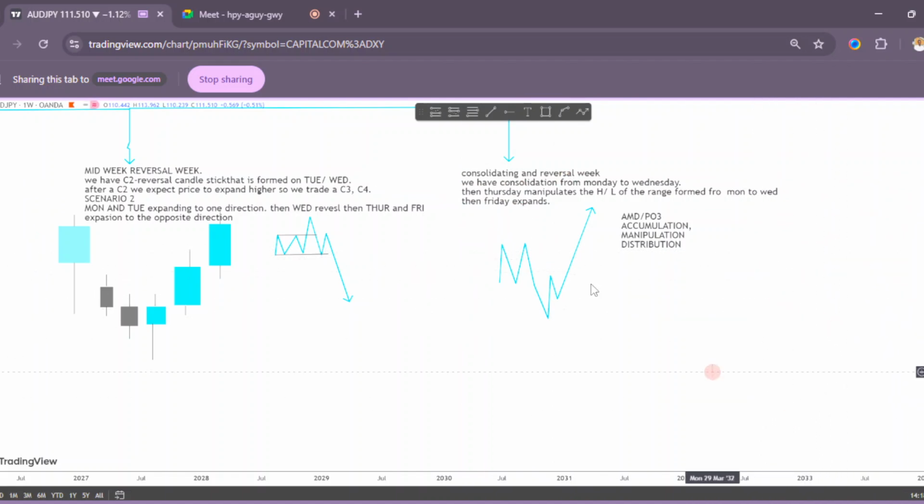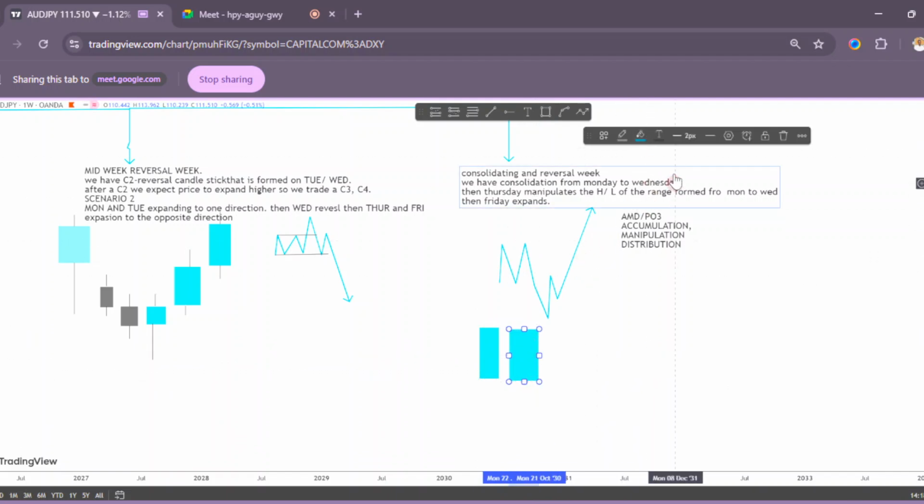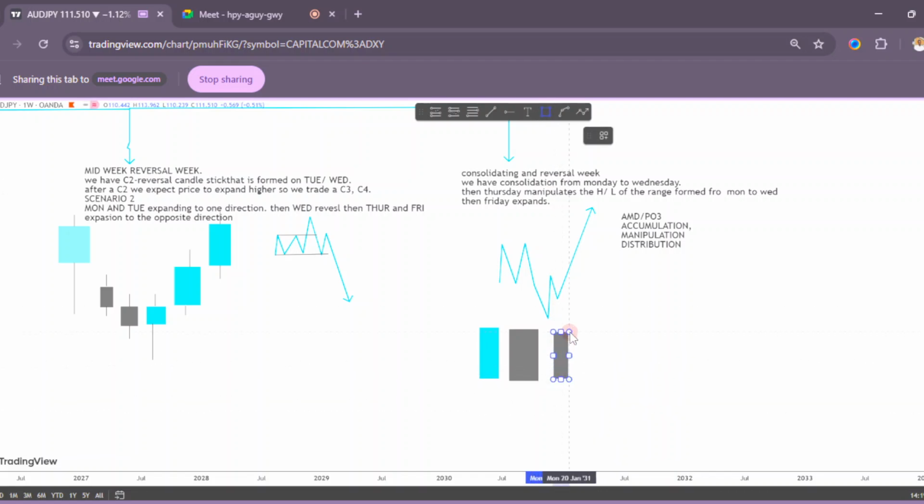So we can have Monday, Tuesday, Wednesday consolidating. For example, I can draw this here. Of course on each side we have a high and wicks on each side.